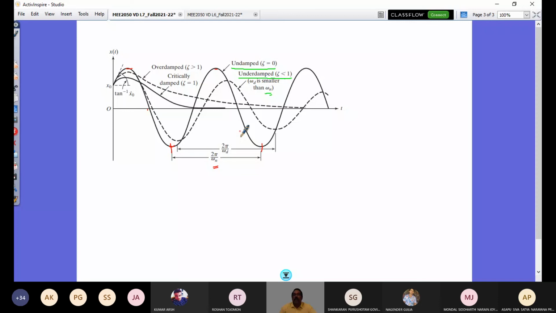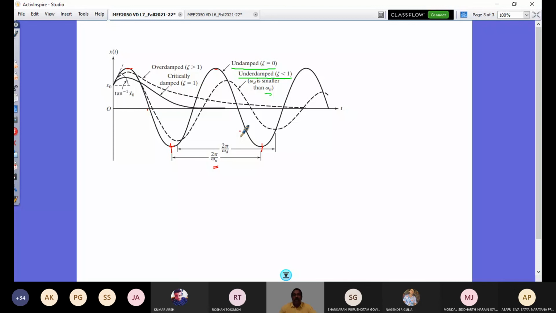If it is ln x1 by xm plus 1, then it is going to be m zeta into omega n tau d.